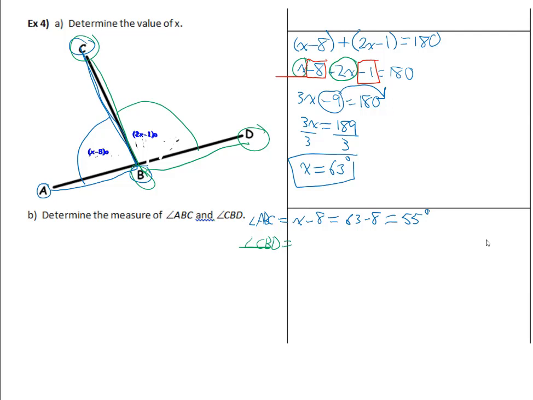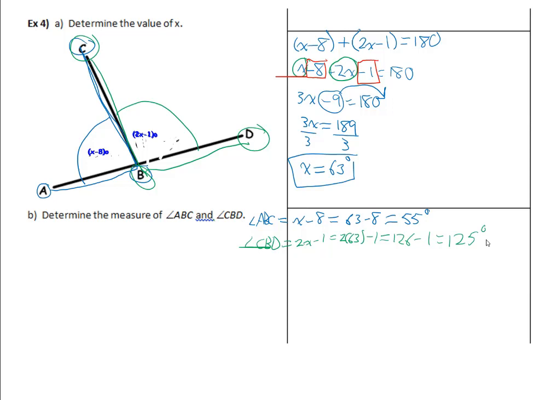So this is going to equal 2x minus 1, which is just equal to 2 times 63 minus 1, which is 126 subtract 1, which is just finally 125 degrees. And that's it for that.